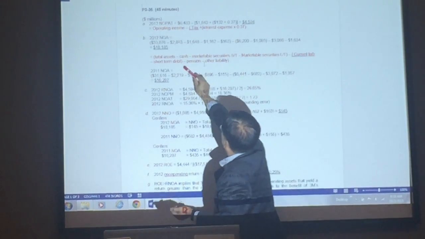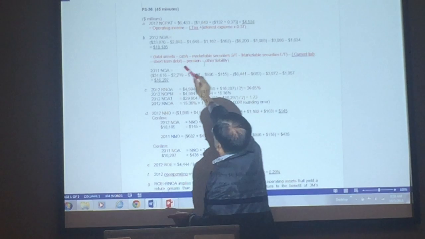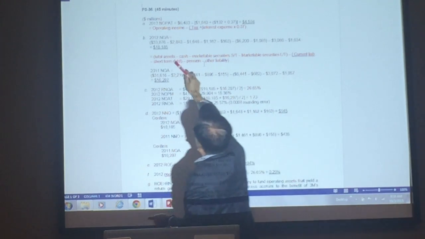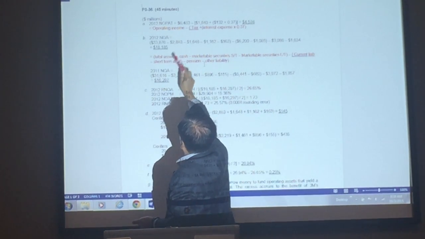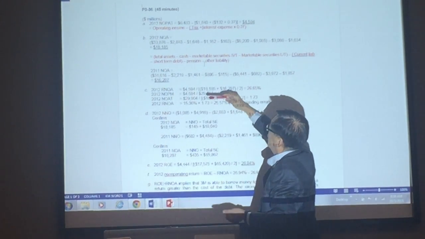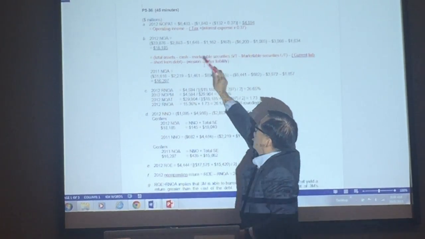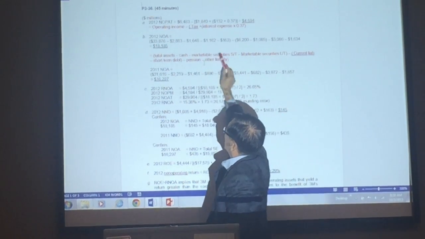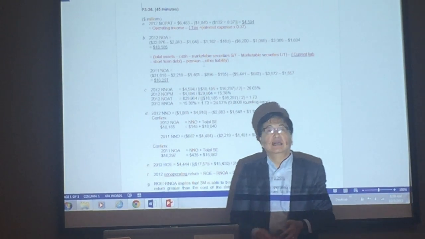And this is the operating liability total. But the only item here that is a non-operating liability out of the current liability is short-term debt. So if you subtract this from current liability, everything else is operating liability. If you subtract operating liability from operating asset, that is NOA.